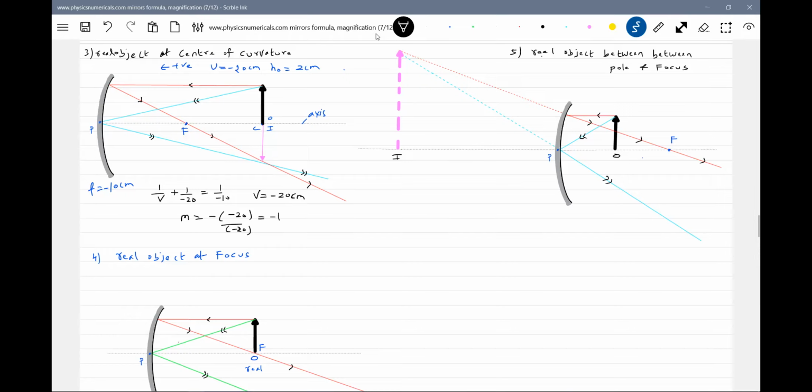What do you mean by magnification? -1. The height of the image is in fact equal to the height of the object. Look at the height of the object, 2 centimeter. What is the height of the image? -2 centimeter. And the object and image will be at the same position. If the object is kept at the center of curvature, the image will be at the center of curvature only.